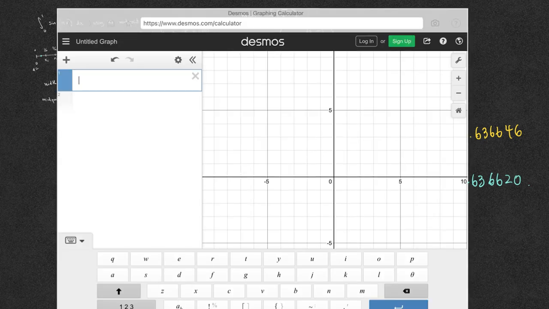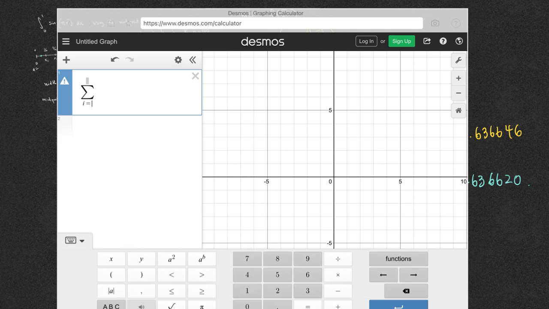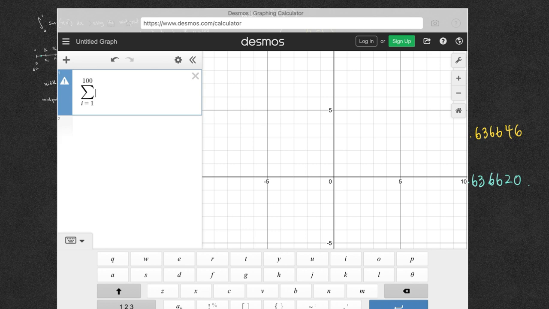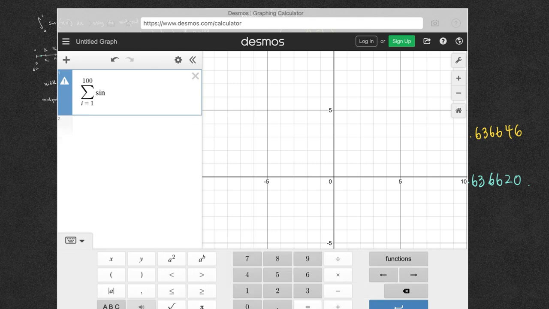Using decimal.com, we would simply type the word SUM for sum. It automatically displays n equals, but we can replace n with i. We want to go from i equals 1 to 100, and then we would type in the function sine of, making sure we open a parenthesis.